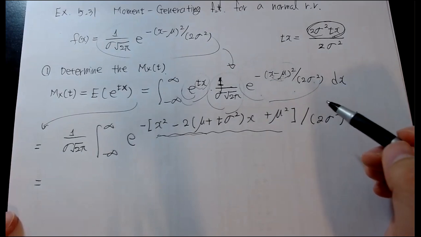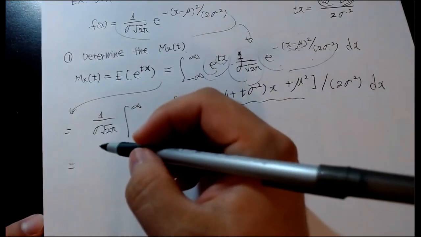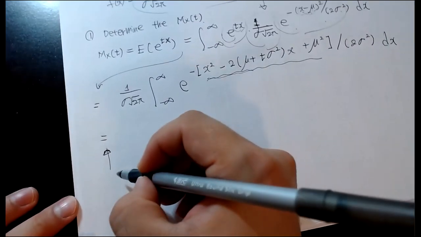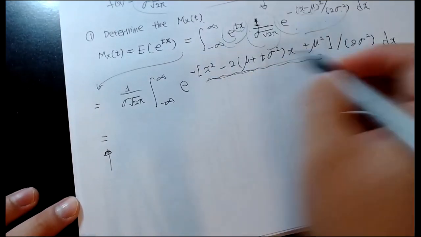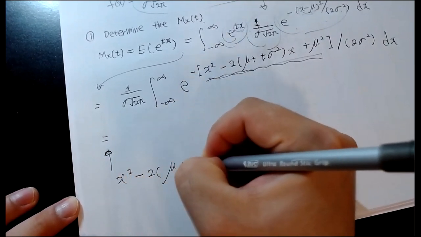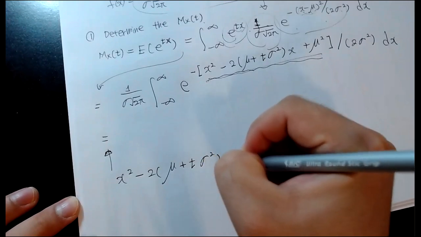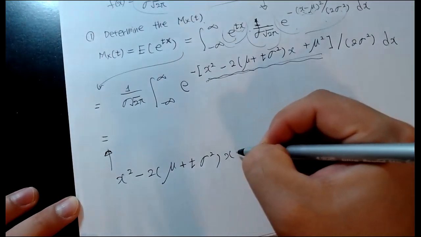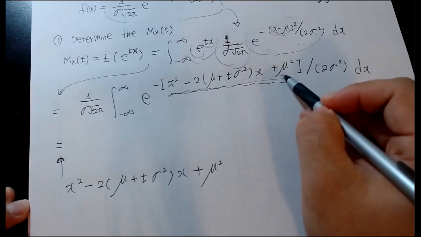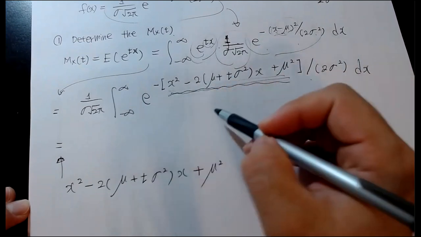Okay. So to do that, so now right there. So x squared minus, just take a look at this. X squared minus 2 times mu plus t sigma square times x, plus mu square. Okay, so I'll just take a look at the numerator of the exponent of that exponential.